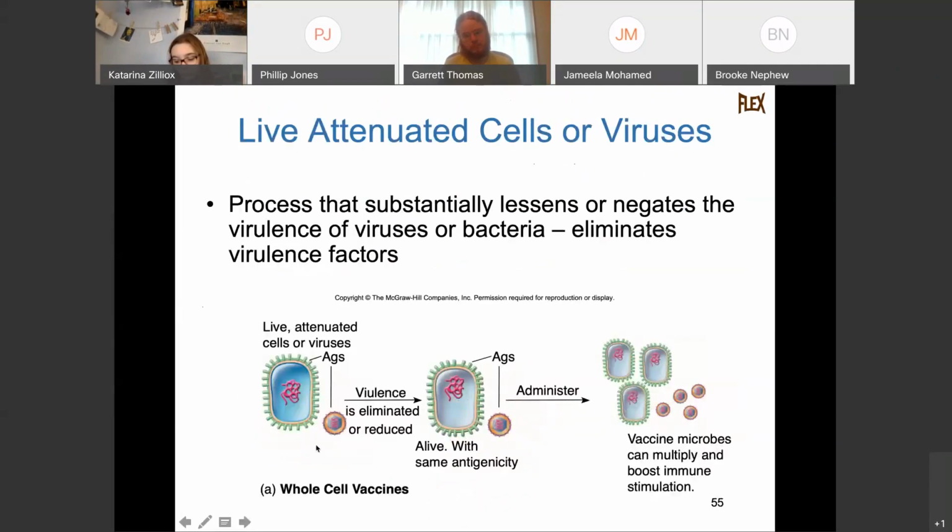Just talking about live attenuated cells or viruses. The problem with viruses is, remember, we can't put them in a petri dish, all right? If we want to make them, we have to put them in something live, because remember, these have to go in and hijack the machinery of a eukaryotic cell, the nucleus, and use our DNA transcription and translation to make the viruses.